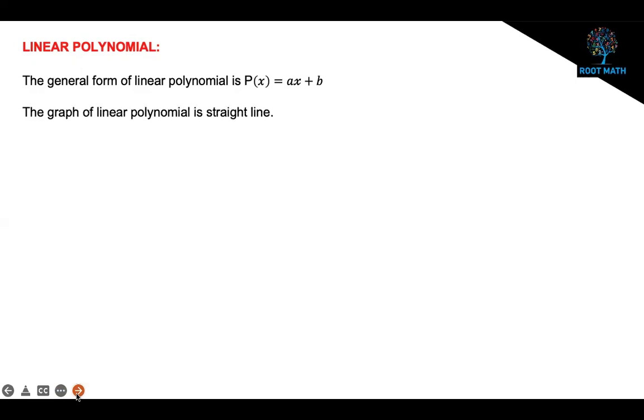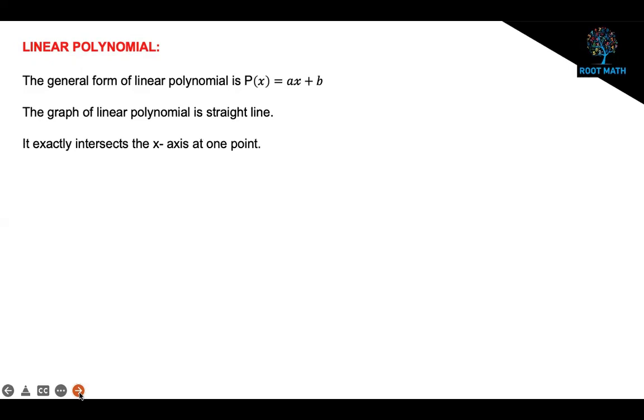First comes the linear polynomial. Linear polynomial means the degree of the polynomial is 1 and its general form is ax plus b. In ax plus b, the variable is x. The degree of this polynomial is 1. When the degree of the polynomial is 1, it gives a straight line in the graph and it intersects the x-axis at one point.